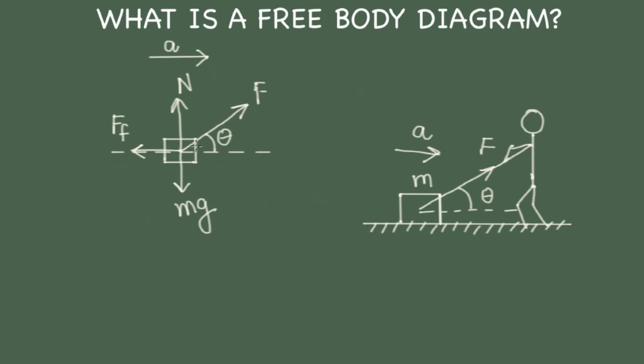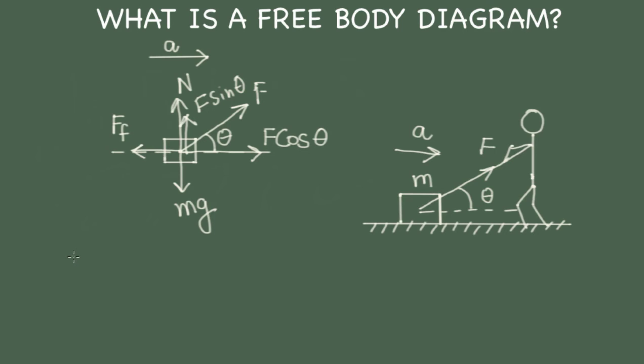In order to write down the equations of motion for this block, let us first consider splitting this force F into its components: F cos theta, and there will be a vertical component of this force F sine theta. This block is definitely not moving in the vertical direction, so that means all the forces acting in the vertical direction are balanced out.